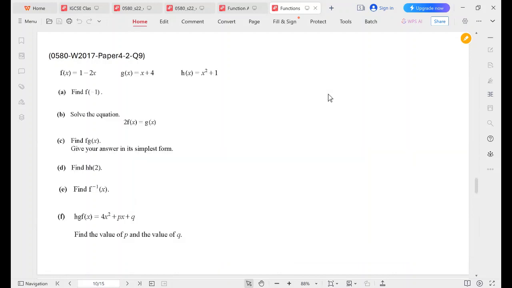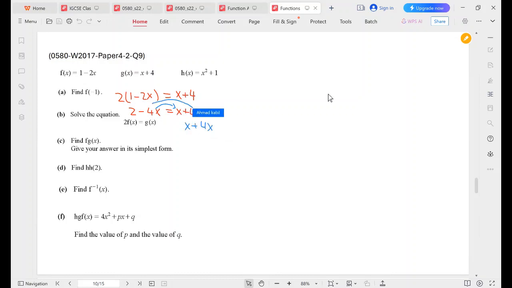In B, we are required to solve 2f of x equals g of x. So 2 times 1 minus 2x equals x plus 4. Let's expand. We get 2 minus 4x equals x plus 4. Let's take the negative 4x to the other side to make it positive, and then that would be x plus 4x.